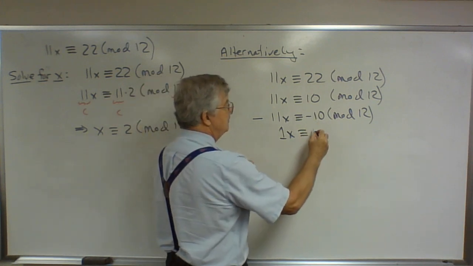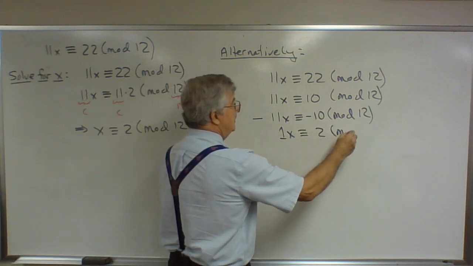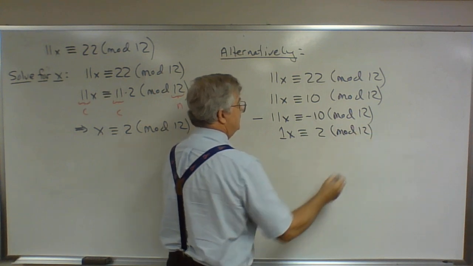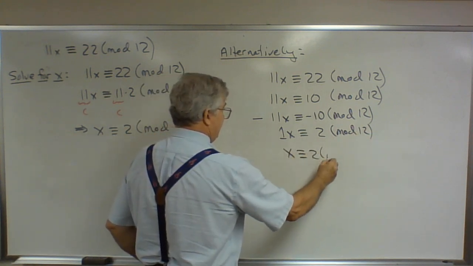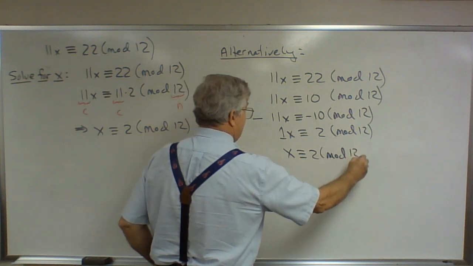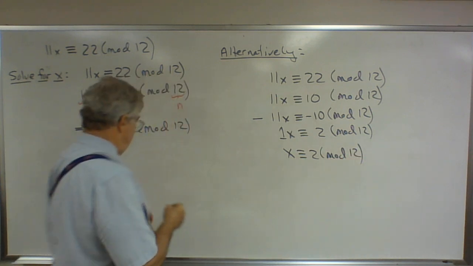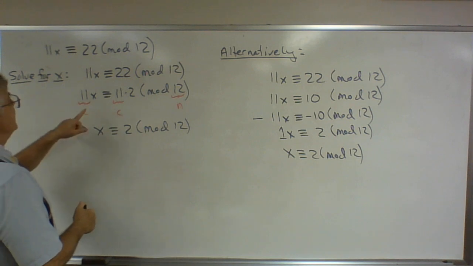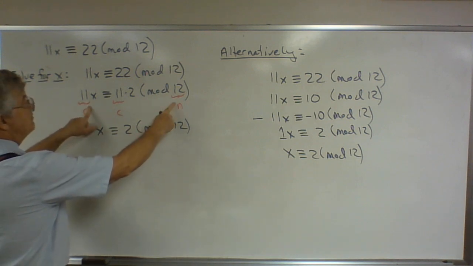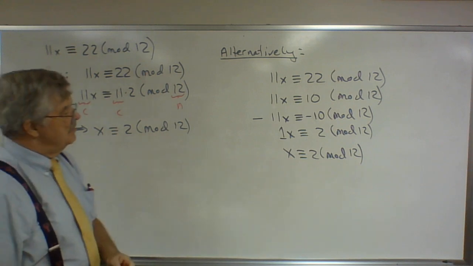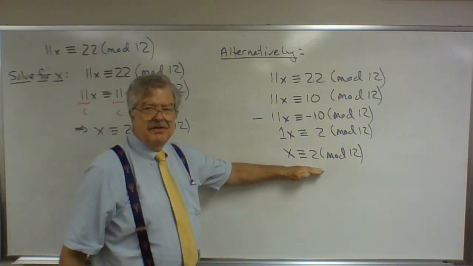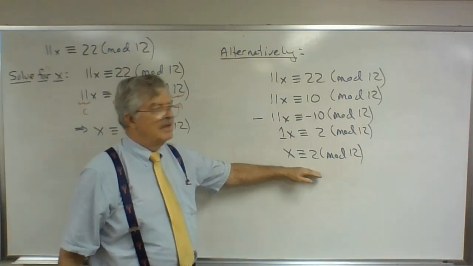Negative 10 is congruent to 2 mod 12. So, if these two things hadn't been relatively prime, I could have arrived at the solution this way also.